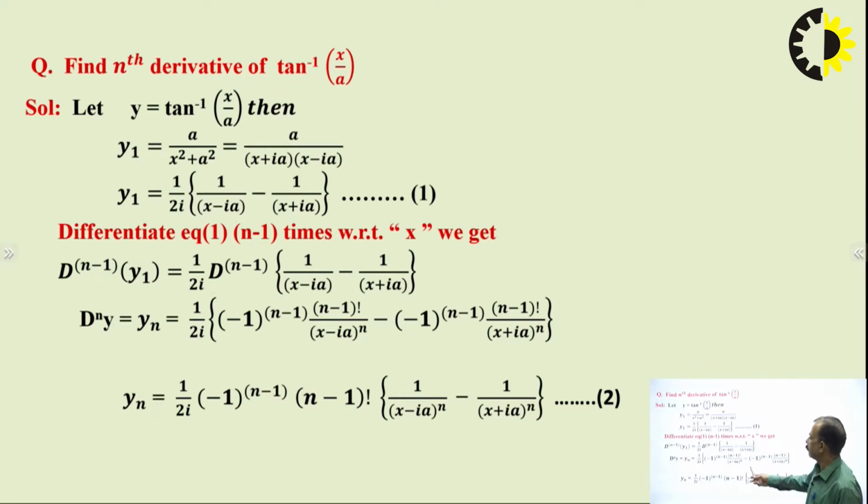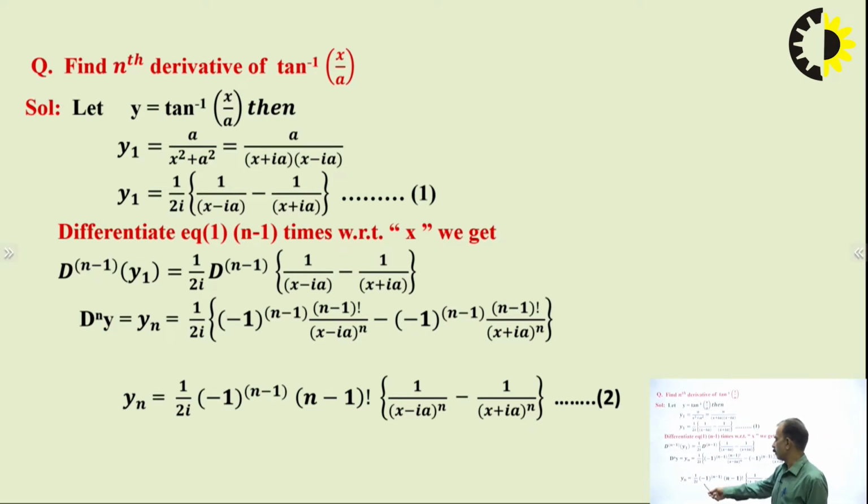The derivative d^(n-1) of 1 upon x minus ia is minus 1 raised to the power n minus 1 into n minus 1 factorial divided by x minus ia whole raised to the power n, and similarly for x plus ia.